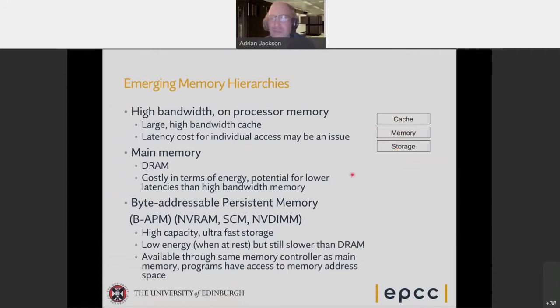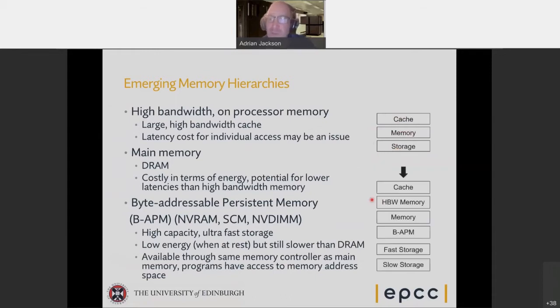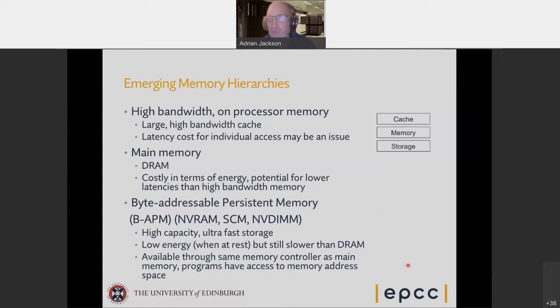At the moment, we're moving into a scenario where we have the potential for really quite complex memory hierarchies: a processor with cache and also high bandwidth memory on the processor, some main memory, and potentially some non-volatile memory and storage in the future. Further out, slower and faster storage.